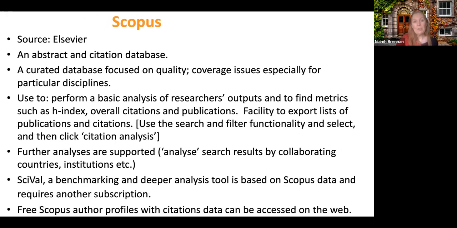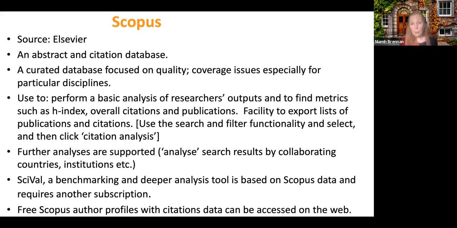Scopus is pretty much the same, except it comes from our friends over at Elsevier. So again, an abstracting and indexing database. It's curated, again focused on quality. It has similar coverage issues, despite many claims. Web of Science and Scopus have quite similar coverage now, because Web of Science has caught up significantly with Scopus in coverage. You use it for the same analyses. Some feel that Scopus is a little bit easier to use, or easier to correct issues through their contacts.